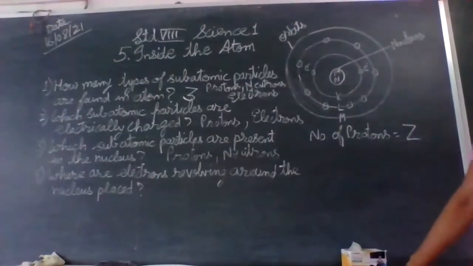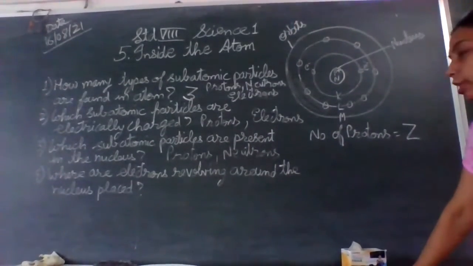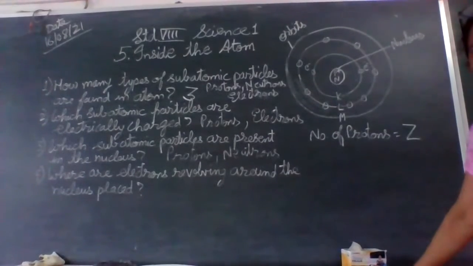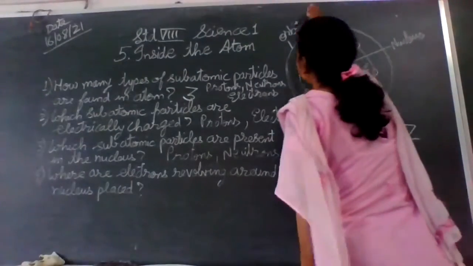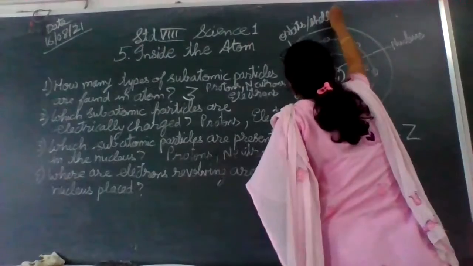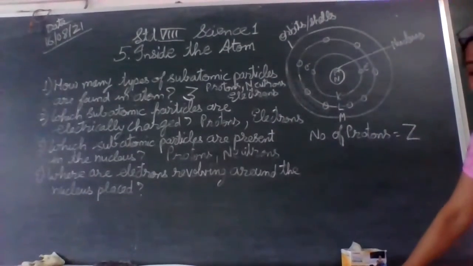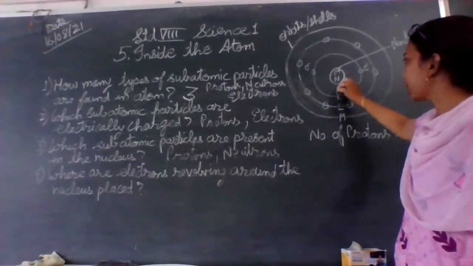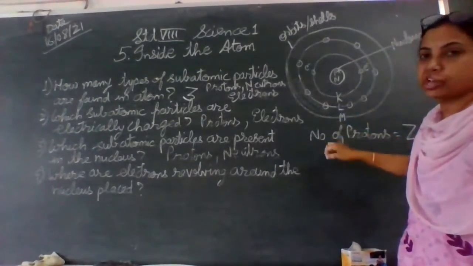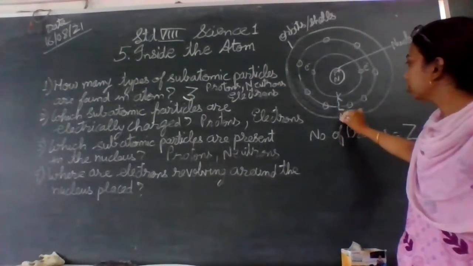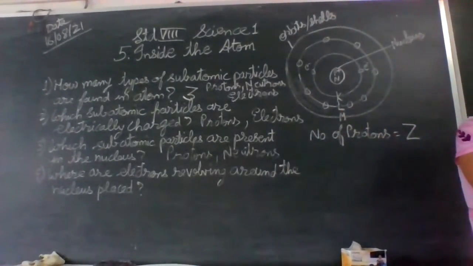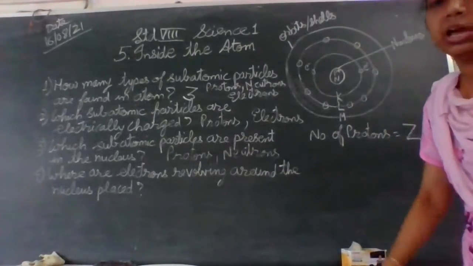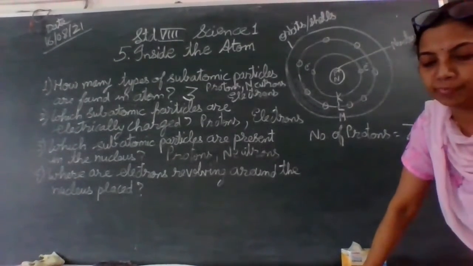Just like our solar system, where the sun is the nucleus and all the planets are revolving around the sun in proper concentric orbits. These are also called shells, and Niels Bohr named each and every shell. The first shell is the K shell, the second is the L shell, the third is M, and the fourth is N. That way the shells are named.